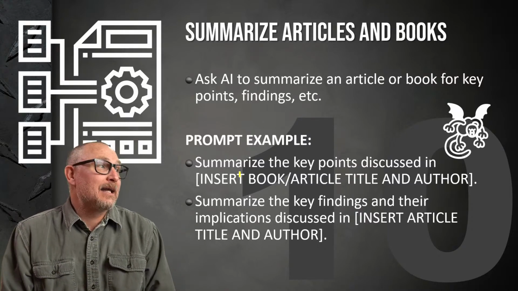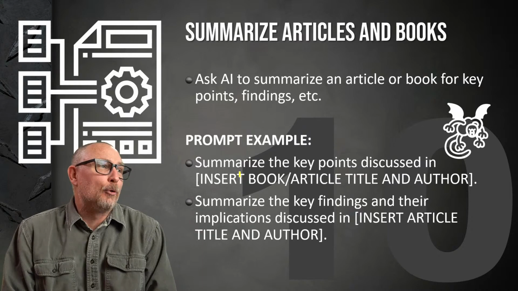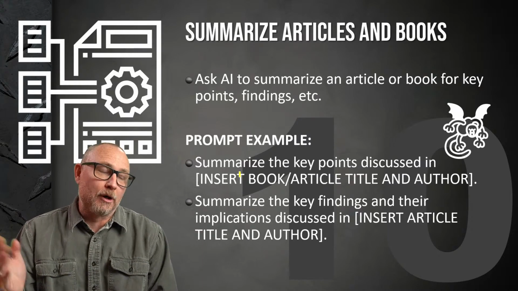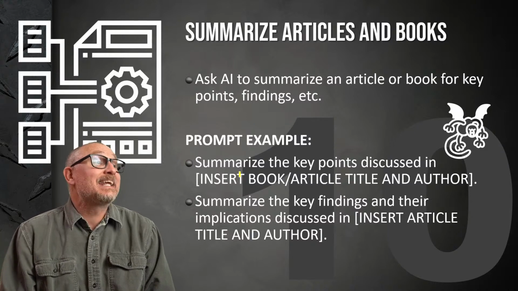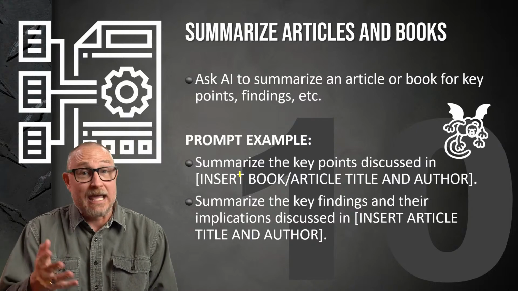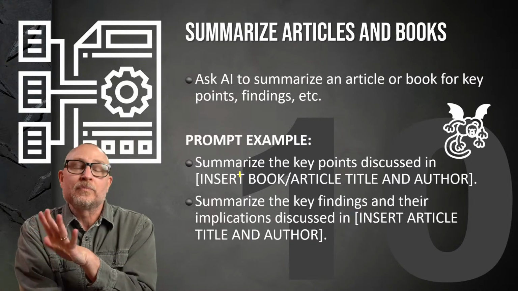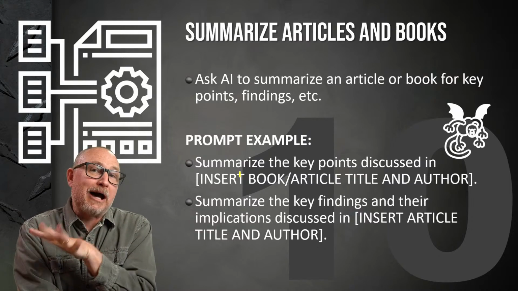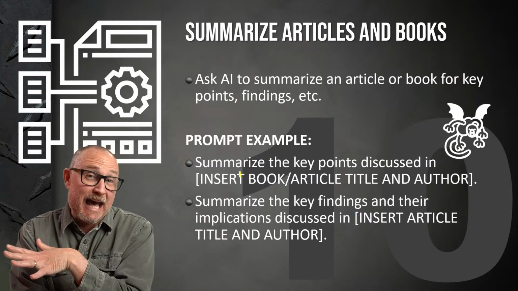Well, AI can help you out. Summarize the key points discussed in, and then put in whatever book or article, or summarize the key findings and their implications discussed in a given book or article. Now, I've done this, and I would say it's about 70% accurate.